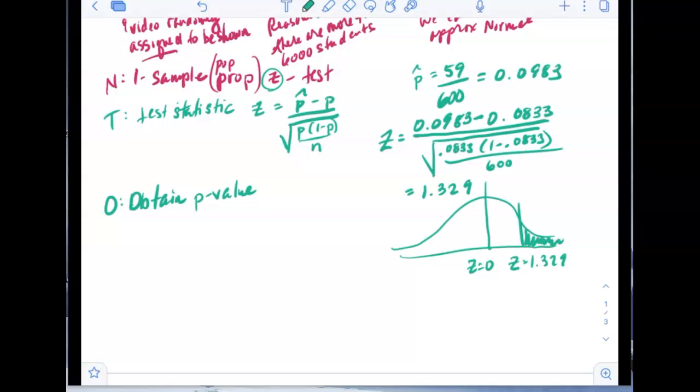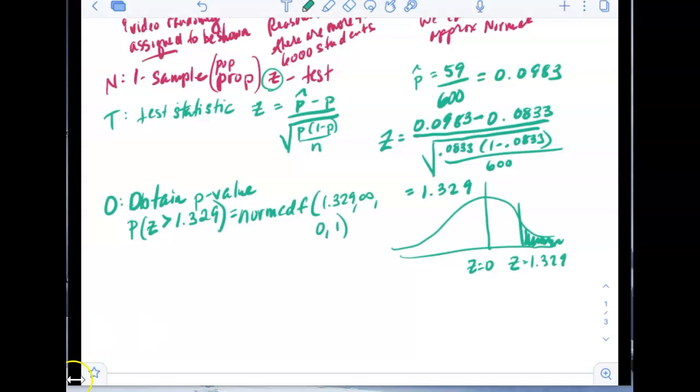Okay, and then the very next thing we're doing is we are going to calculate that probability. So we're going to say, what is the probability that the Z-score is greater than 1.329? And that's going to be norm CDF from 1.329 to infinity when the mean and the standard deviation are 0 and 1.